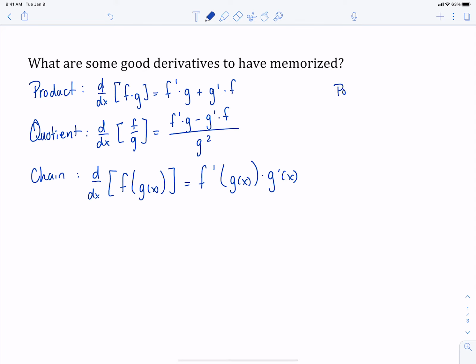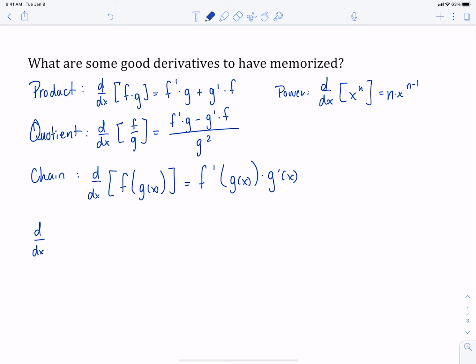Of course, we also have our power rule, which we used earlier. If we've got x to a power, I'm going to run out of space. Move things over just a little bit. There we go. We bring that power down in front, and then we take away 1 from our exponent. So power rule's good.